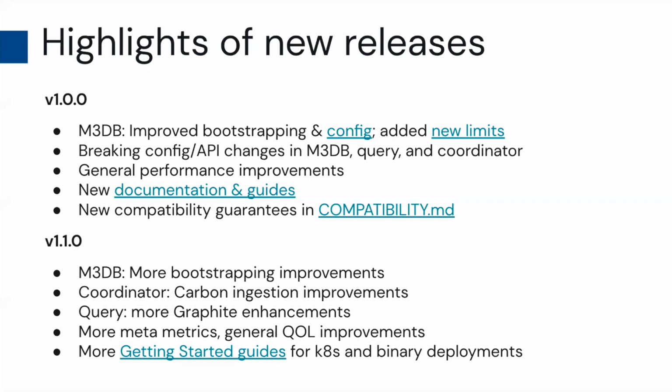Having said all that, 1.0 was one period of time where we wanted to take the time to actually clean up some of the config and make the config much simpler, since the config is a complex beast, given the extreme set of features that M3 looks to support.